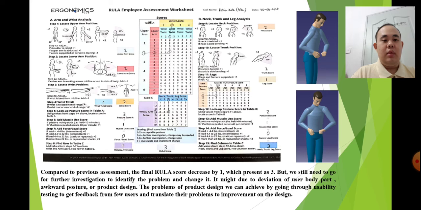The problems might be due to deviation of user body part, awkward postures, or maybe product design. The problems of product design we can actually find out from usability testing, as we give the user our prototype to test, and we can get feedback from them, and we translate it into improvement for a better design in the future.